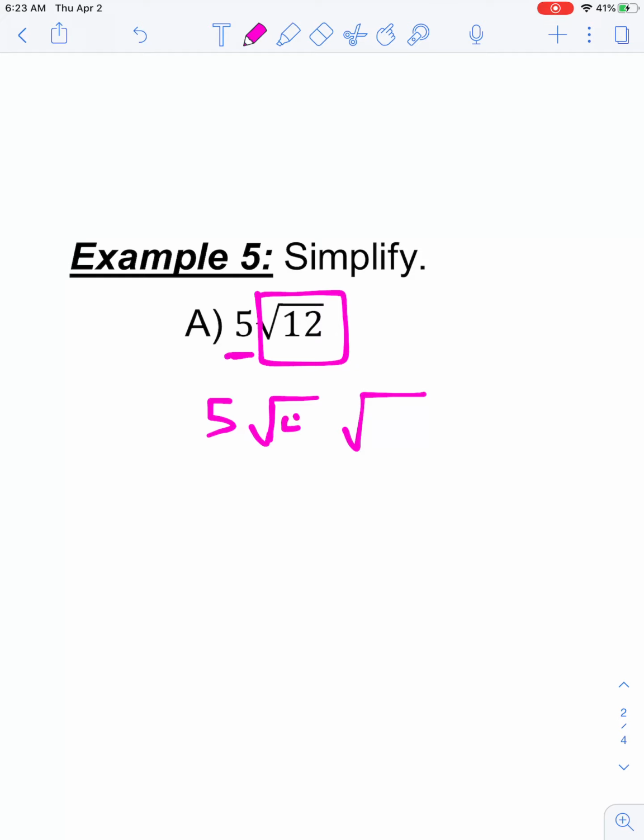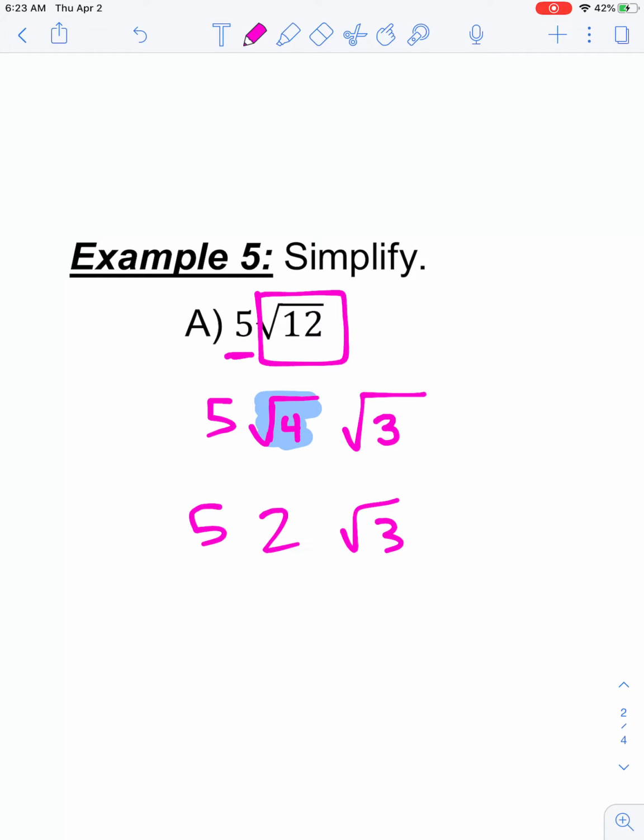So since 12 can divide by 4 3 times, we can break it down by root 4, root 3. Once again, I want to use these numbers because 4 is on my list of perfect squares. For example, root 6 and root 2 is also equal to root 12, but I can't simplify root 2 or root 6. Now the only thing I can change here is this root 4.